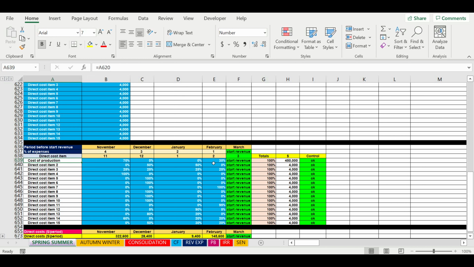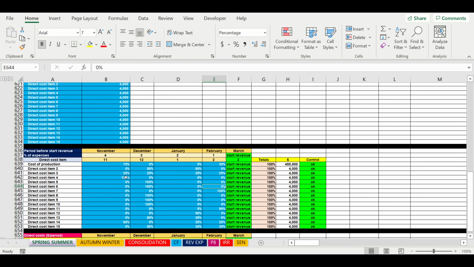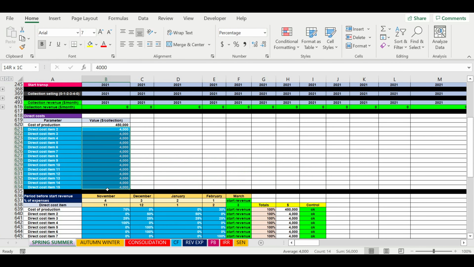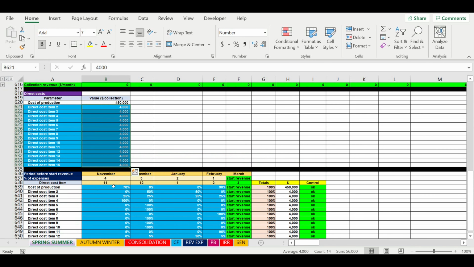In February, right before March, we will pay 30% of the cost of production. For example, the next item will be paid 50-50 in January and December before the revenue. So here we just go to the past from the moment when we start selling the collection, and we allocate the percentage of these expenses inside this timeline before we start the revenue.